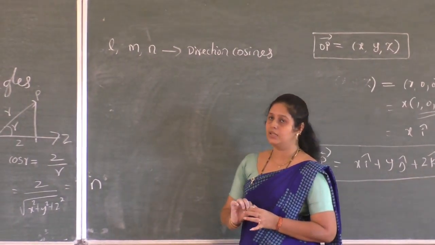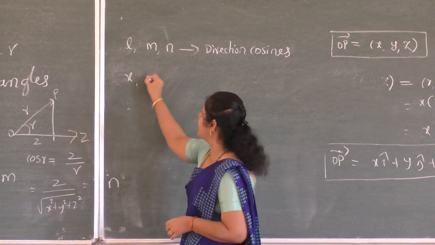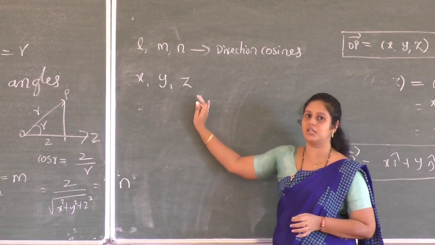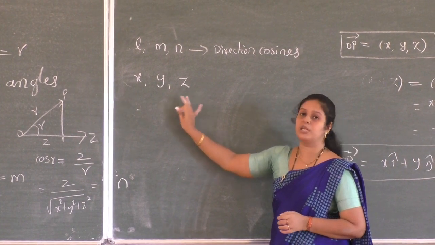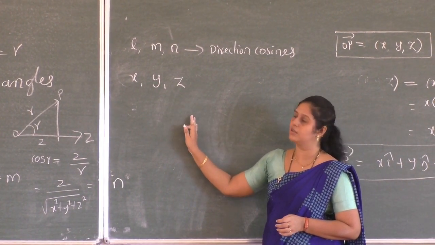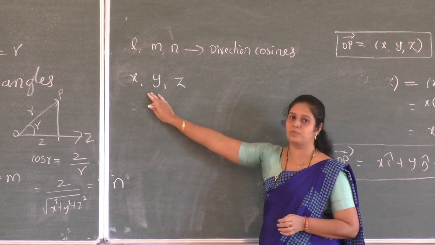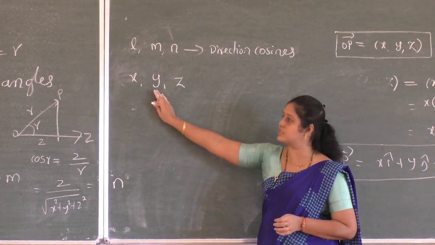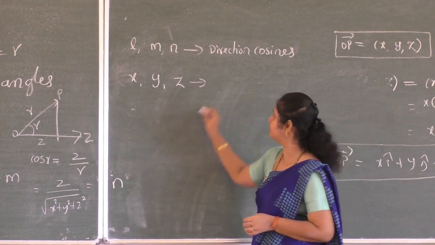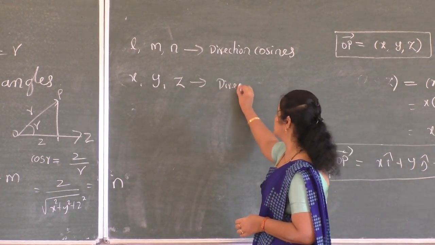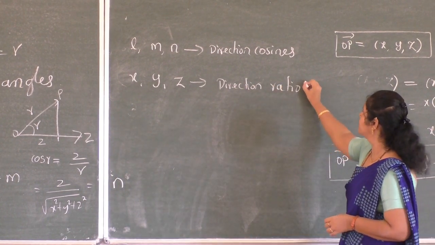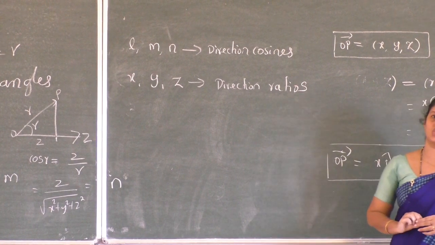Now, x, y, z are three numbers which are always proportional to L, M, N. Three numbers which are always proportional to the direction cosines are called direction ratios.